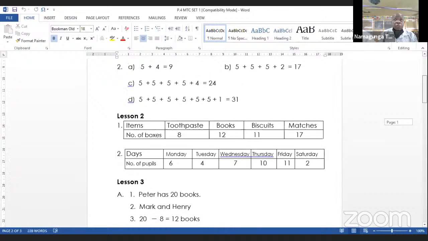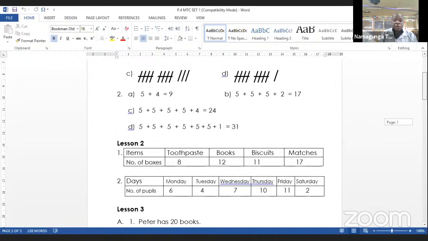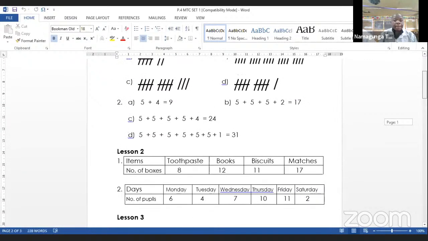You count the items for every number, and then you present in a given table. You draw a table. For example, the table, when you put the activity, look at the activities that were given.